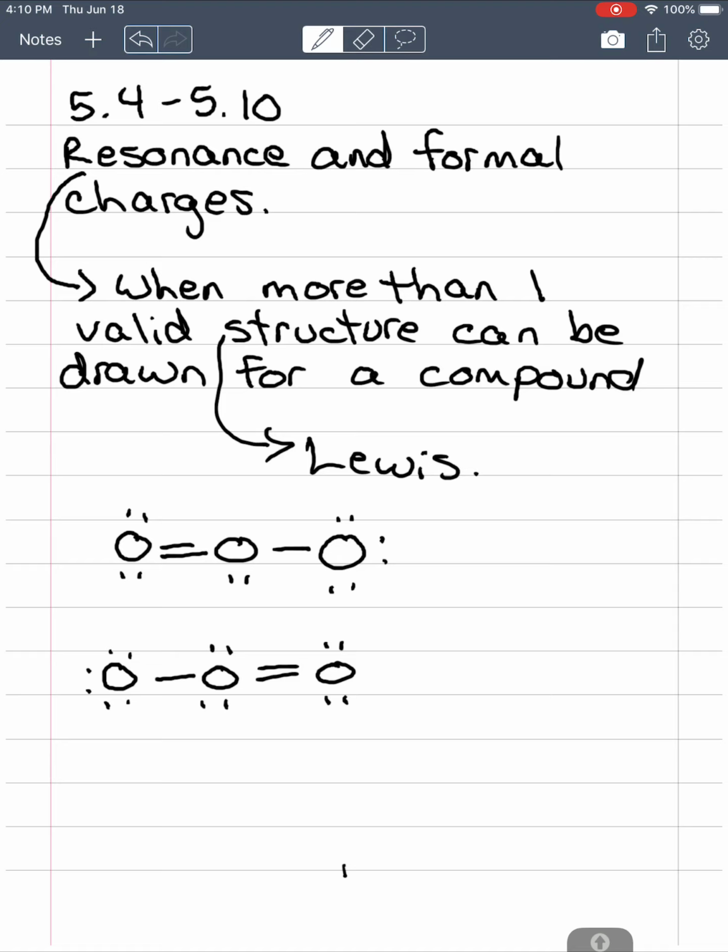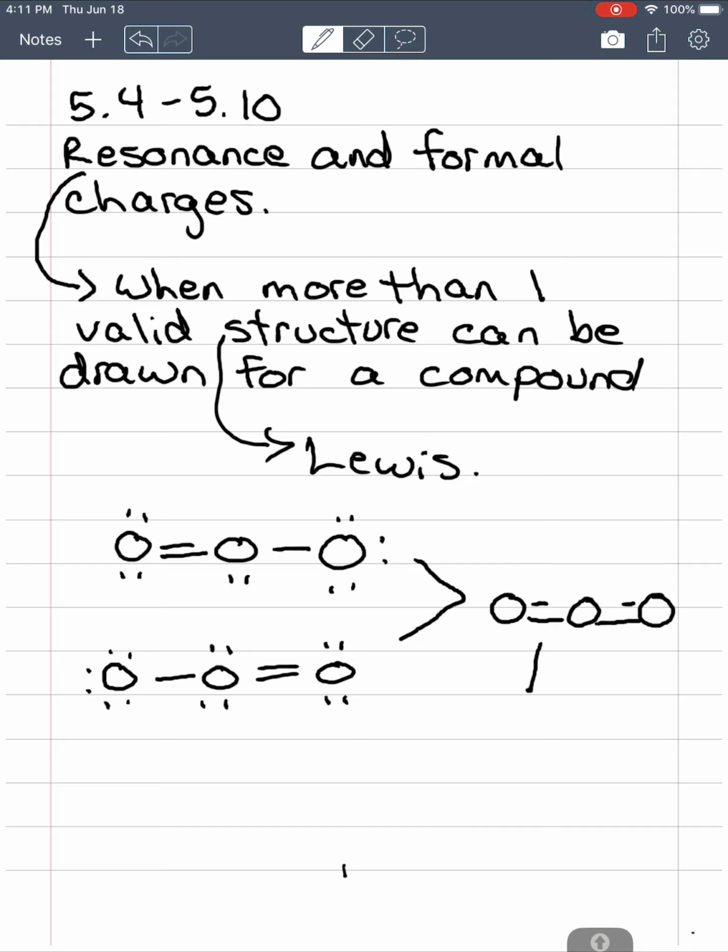In reality, they sort of combine and give you more of a hybrid structure, which would be more like 1.5 bond on each side, which sounds crazy because how can you have half a bond? When they're talking about half a bond, they don't really mean half a bond.